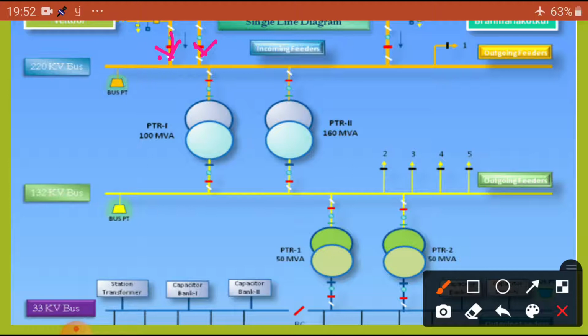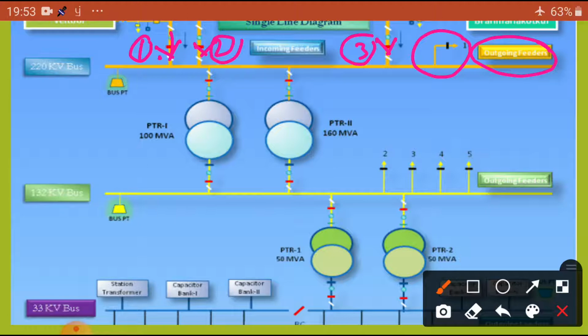Here you can see the Brahmancutcore feeder, another incoming 220 kV feeder from another place. And one feeder you can observe here is an outgoing feeder, similarly connected to nearby places. So these 1, 2, 3 feeders are incoming feeders, and 1 220 kV feeder is an outgoing feeder.